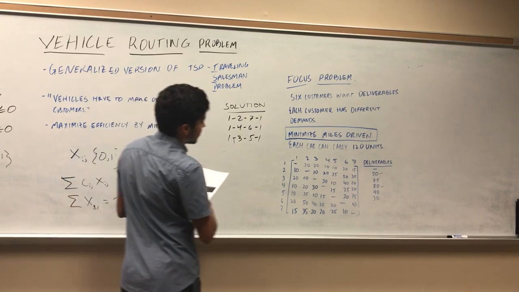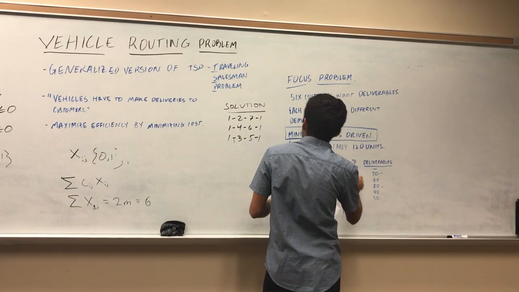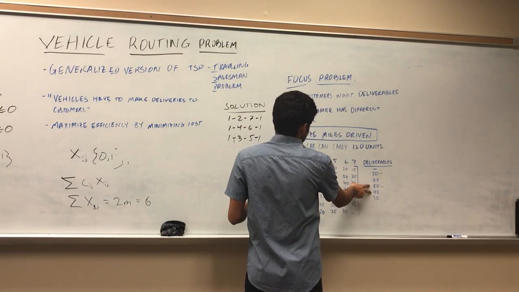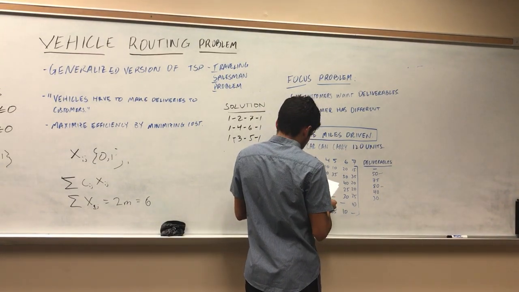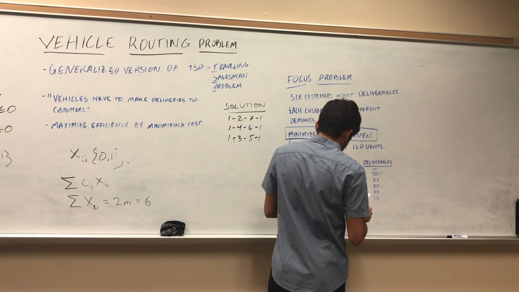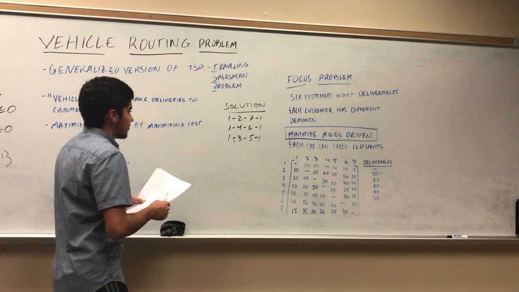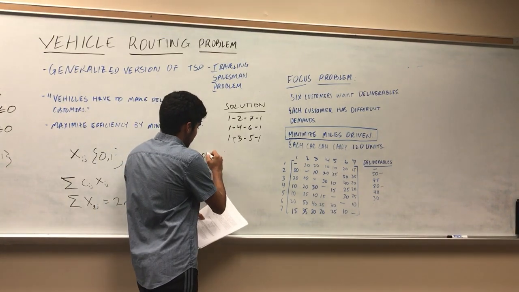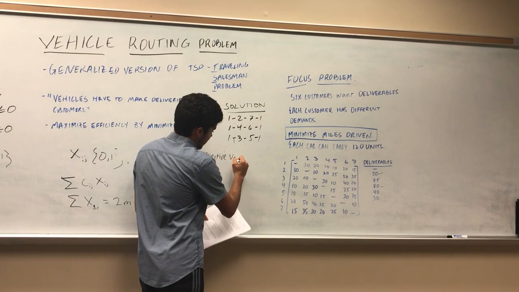So checking if this is feasible or not, 2 plus 7 is 80, 4 and 6 is 110, no, I'm sorry, 120, and then 3 and 5 are, they're all feasible. So then, checking in AMPL, the output of AMPL is the objective variable amount.